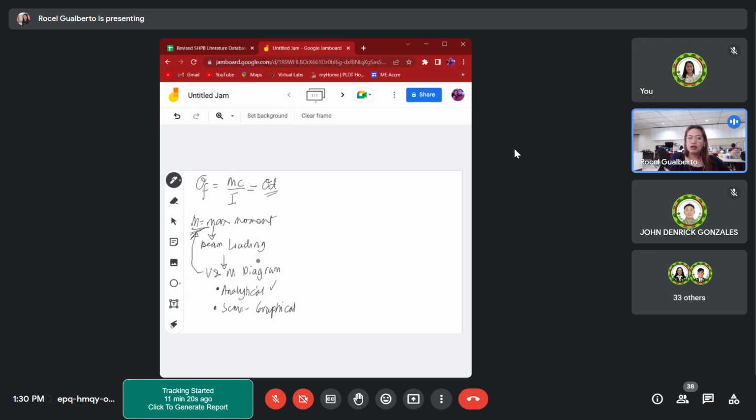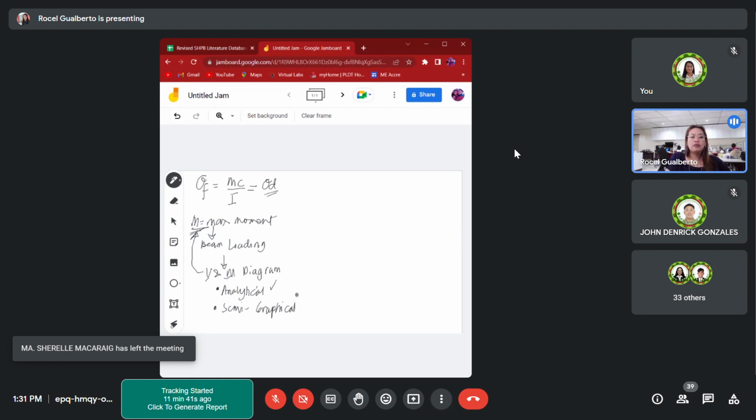Yung equation po natin na nakuha, ilalagyan po natin ng limit, isa-substitute po natin yung mga limits. Then you can find the numerical value of both the shear and the moment. V will pertain to the shear and M will represent the moment.